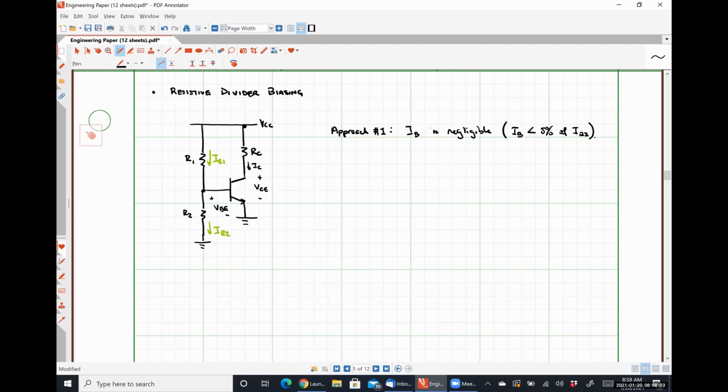All right. So in this condition, we should see that VBE should be really close to VCC multiplied by R2 divided by R1 plus R2. Simple voltage divider equation, nothing wild or crazy there.